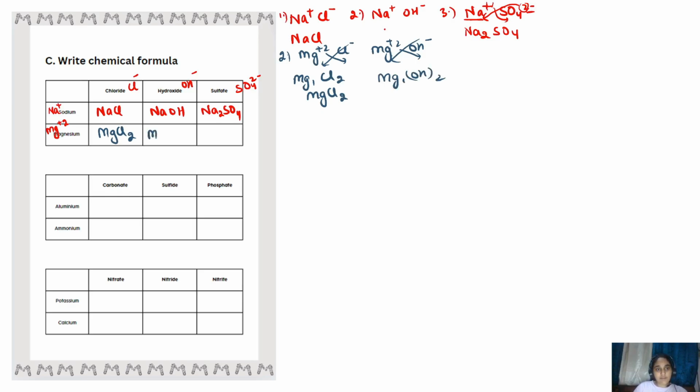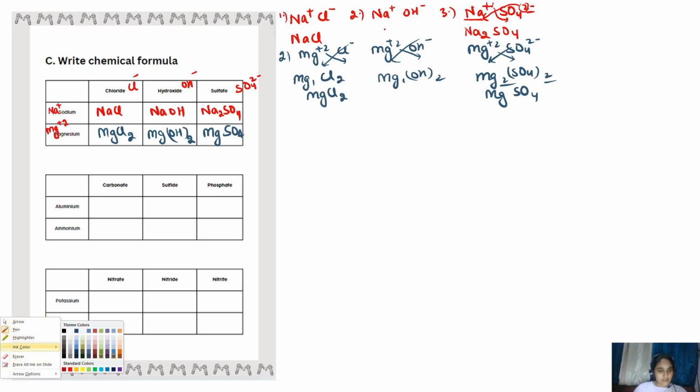You can write Mg(OH)2. Okay, so sulfate, Mg 2 plus, SO4 2 negative. So this is Mg2(SO4)2, or simply MgSO4, because 2 is the common factor, you can cancel it, MgSO4.